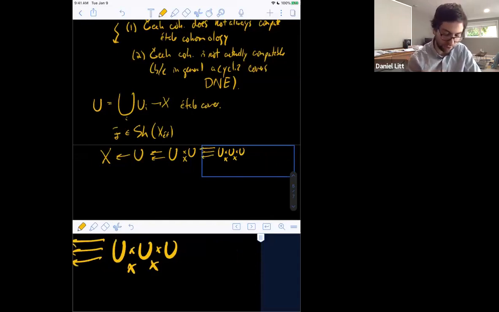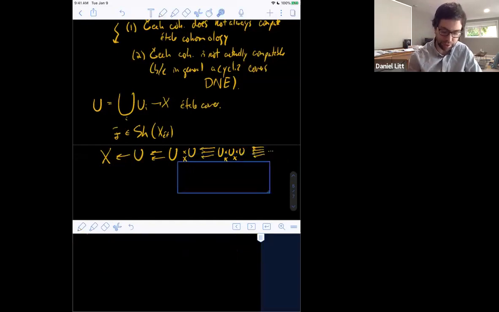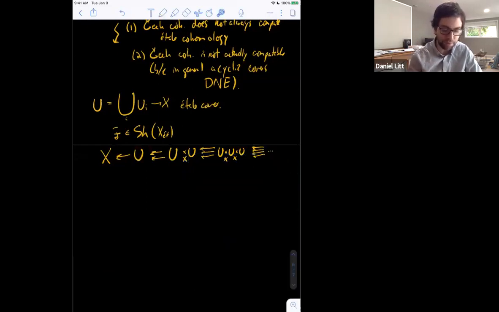And then so on. Now there are four projections from the four-fold product over X. So what are you supposed to think about this diagram? You're supposed to think U is some cover. These are the double intersections. These are the triple intersections. And there are quadruple intersections, and so on and so forth.